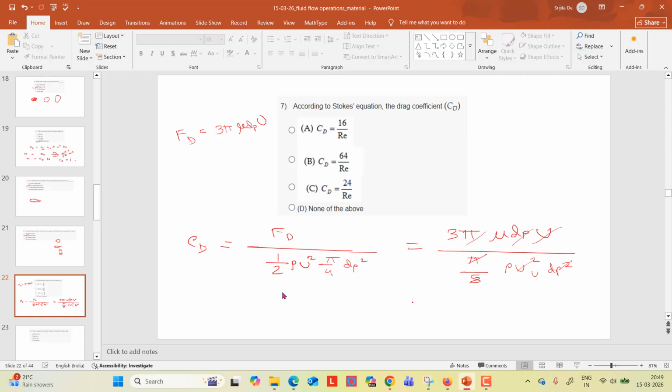So it will be 3 into 8, that is 24. And now there is a rho, there is U, and there is 1 dp, and you can bring the mu from top to bottom here. So it will be nothing but 24 by Re, the Reynolds number, right? So it is 24 by Re.